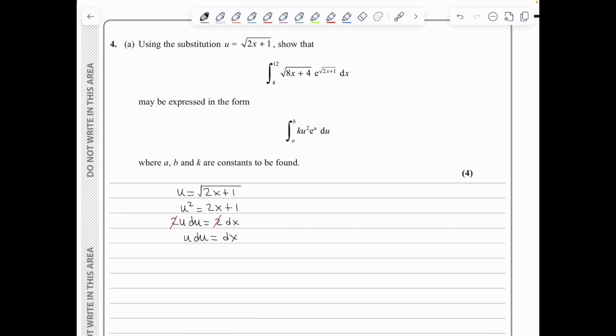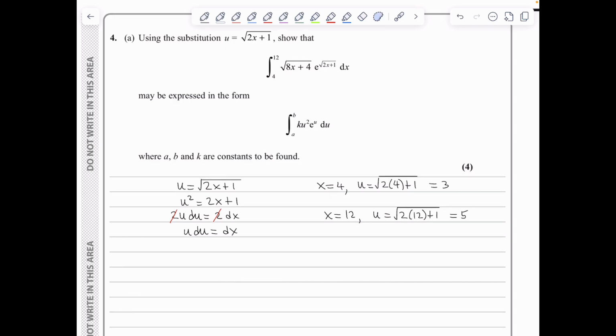So we've got that when x is 4, u is equal to 2 times 4 plus 1 square rooted, which gives an answer of 3. Whereas when x is equal to 12, we've got u is the square root of 2 times 12 plus 1. It's the square root of 25, which gives an answer of 5.